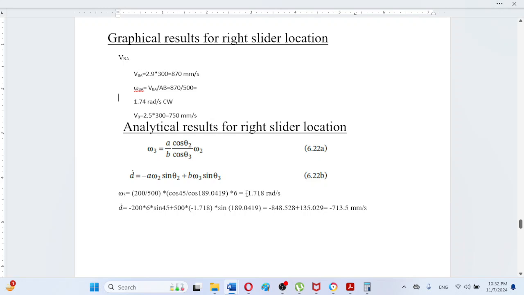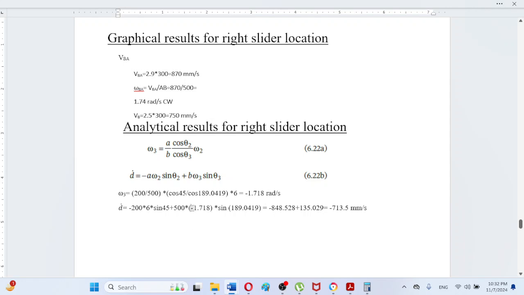So minus sign here actually denotes that the rotation of the connecting rod, or link number 3rd, is clockwise as mentioned here. So graphically it also shows that the connecting rod on the right hand side is actually rotating clockwise orientation, and the analytical results are also showing the same.